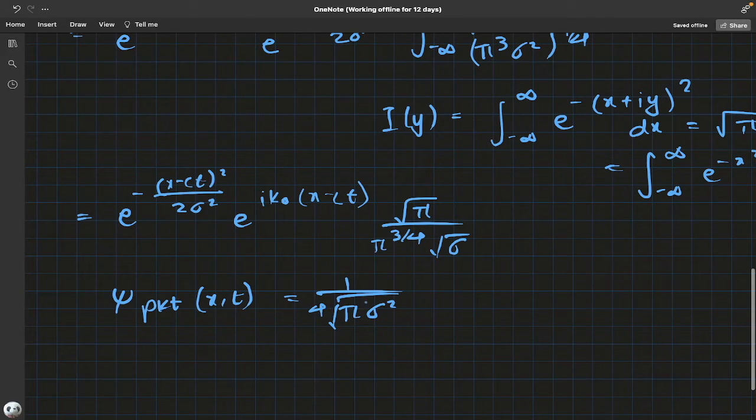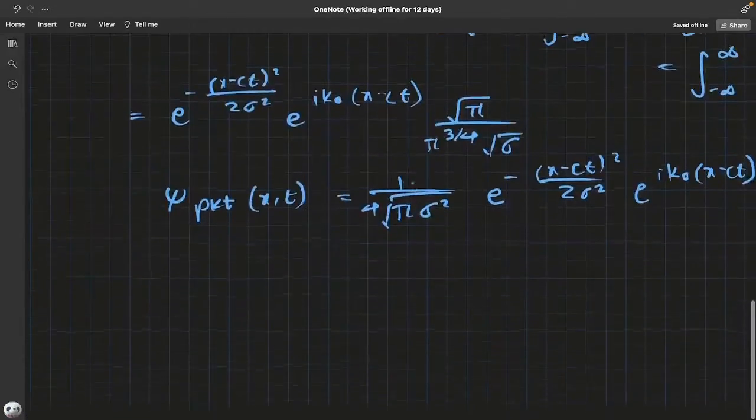The 4th root of pi sigma squared in the denominator, e to the negative (x minus ct) squared over 2 sigma squared, e to the i k naught (x minus ct). And this of course is for a photon or light, because we have this c from the dispersion relationship.